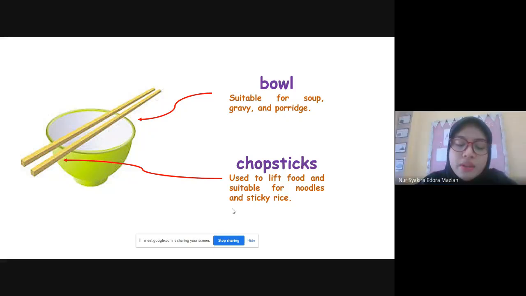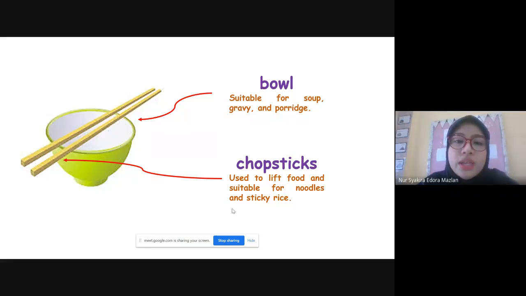So sometimes we, the Malays, we also use a bowl and chopsticks, because now it's common for everyone to use chopsticks whenever we want to eat noodles, right? So actually for tableware, it depends on us what we want to use, as long as we are comfortable using all the tableware, okay?